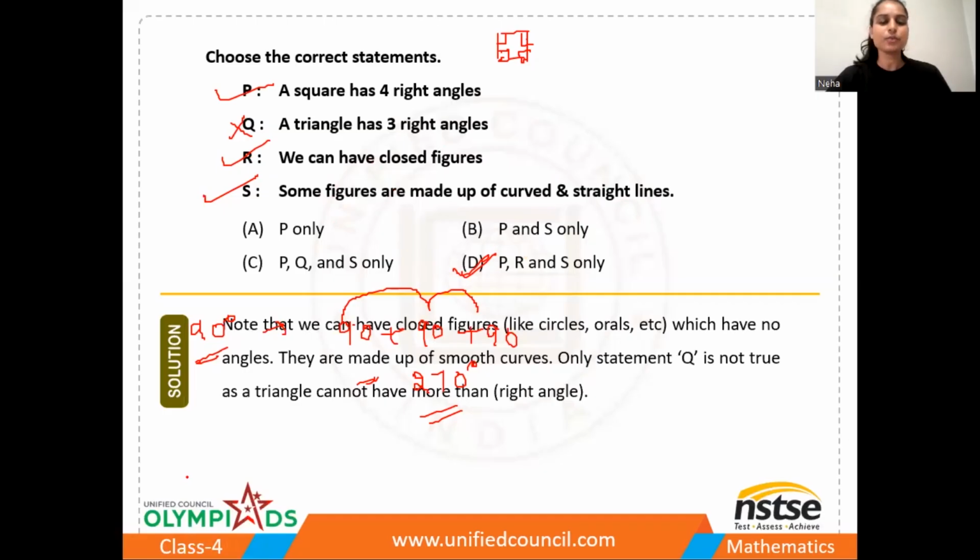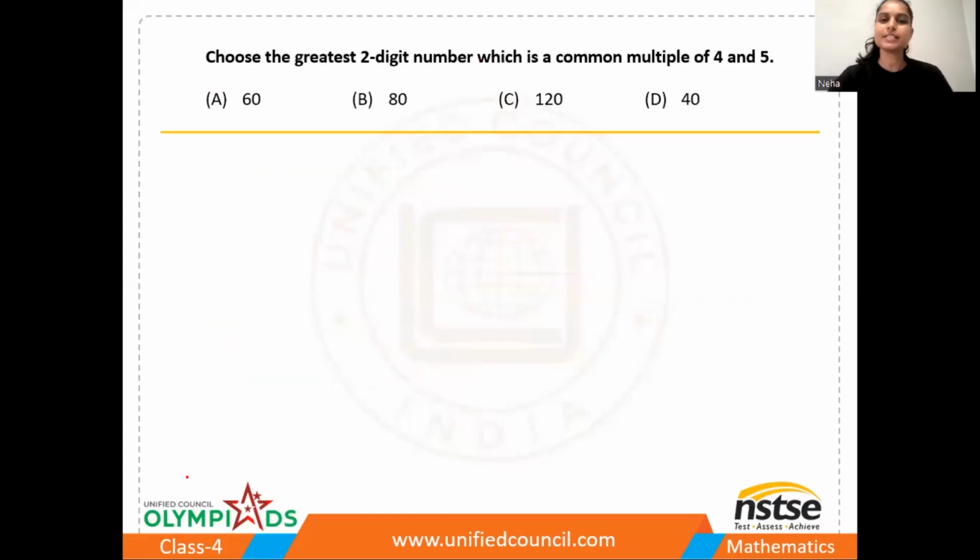Now let's move to the next one. This is the next question, my dear students. The next question is: choose the greatest two-digit number which is a common multiple of 4 and 5. The greatest two-digit number, which is a common multiple of 4 and 5.